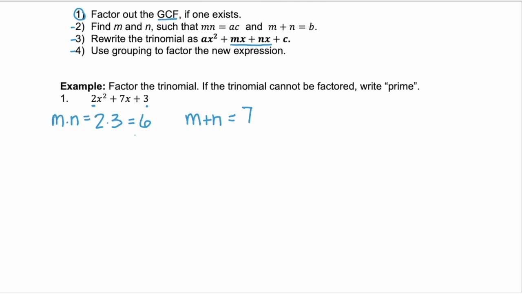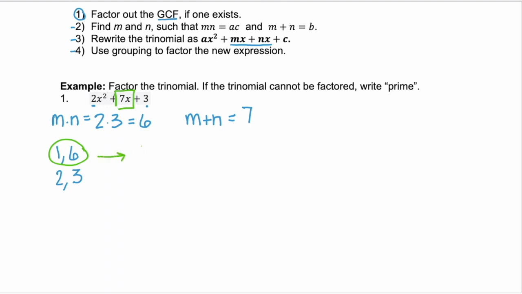So what are the factors of 6? We have 1 and 6, and we have 2 and 3. Do either of those groupings of factors add to 7? Of course. 1 and 6 multiply to 6, and they also add to 7. So we're going to use those 2 factors to rewrite this middle term 7x.